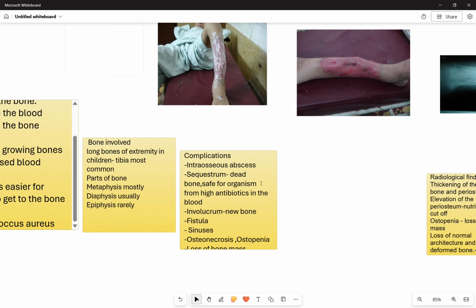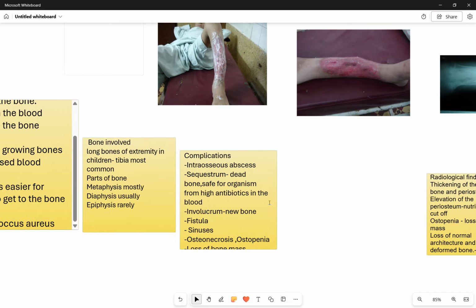More often there is involucrum. Involucrum is the new bone around the sequestrum. So the sequestrum is in the center, new bone is around it, and the sequestrum becomes more secure within the bone. So unless the sequestrum is removed, the bone infection is not going to heal.